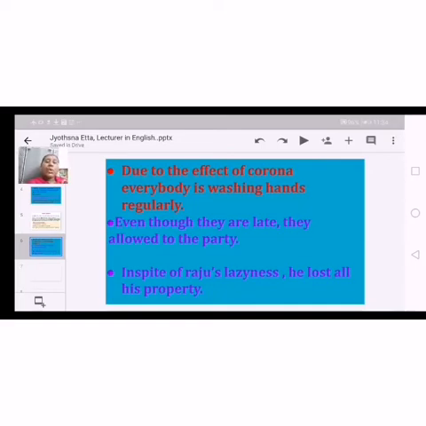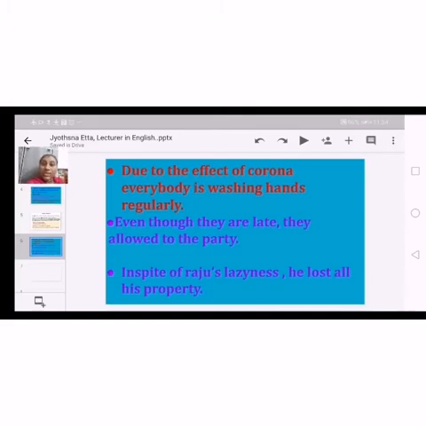He lost all his property is an independent or main clause. So observe these three examples. One is showing the situation and another one is maybe the reason or the result. So in complex sentences, whenever we use the dependent one, a question will arise there.